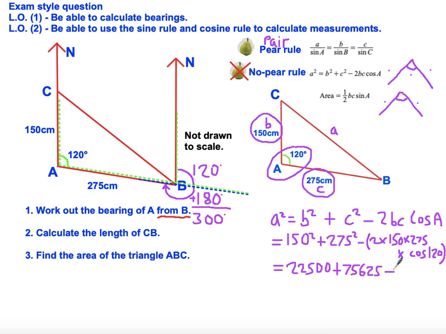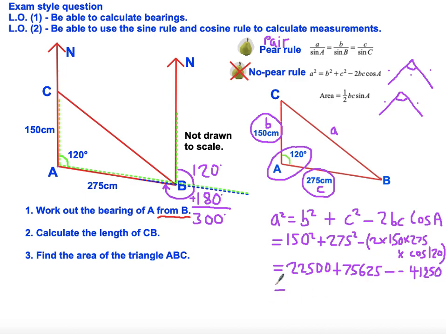And now this is where you need to be a little bit careful. 2 times 150 times 275 times cos 120 actually gives you minus 41,250. So the minus would be a plus.